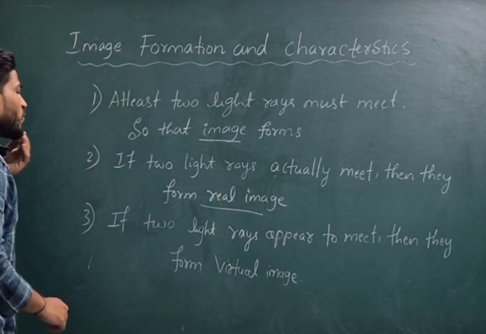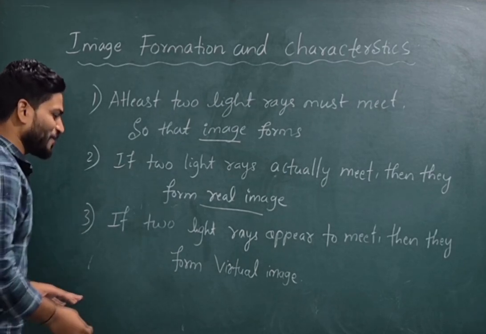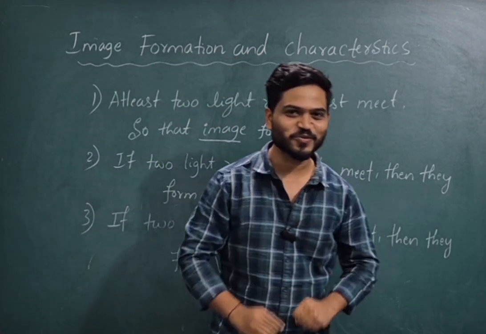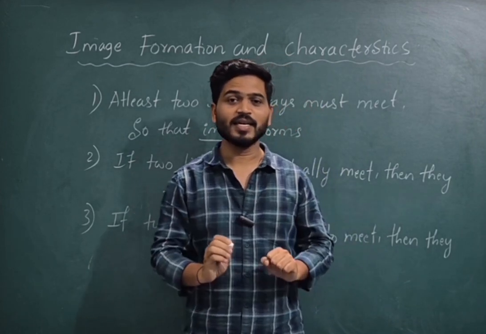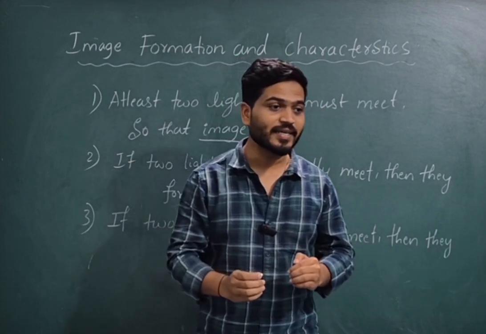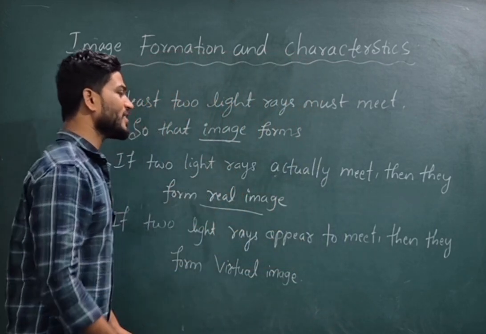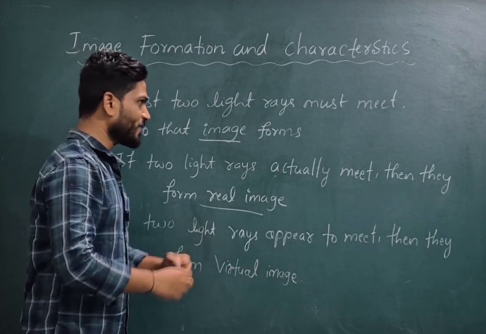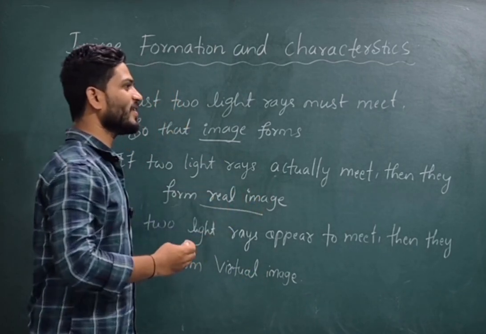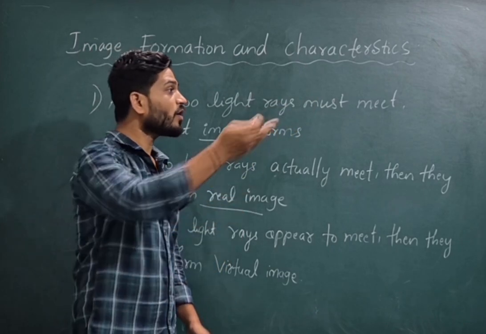Next, if two light rays appear to meet, then they form a virtual image. Appear to meet means what? It means they are not meeting in reality, but it looks like they are meeting. For example, you stand in front of the plane mirror and see yourself in the mirror, but in reality we are not inside the mirror.